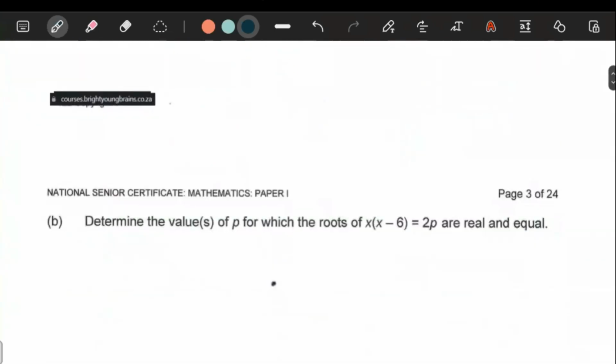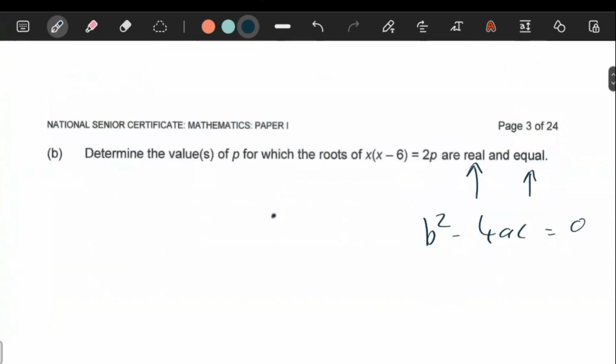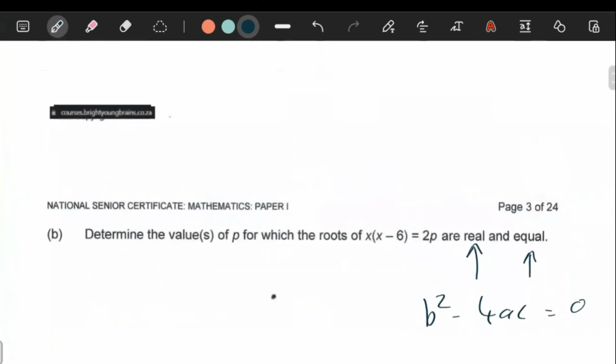B says, determine the values of p for which the roots of this equation are real and equal. So if your roots are going to be real and equal, you have to consider where b squared minus 4ac is equal to 0. In nature of roots questions, you obviously need to know your work.